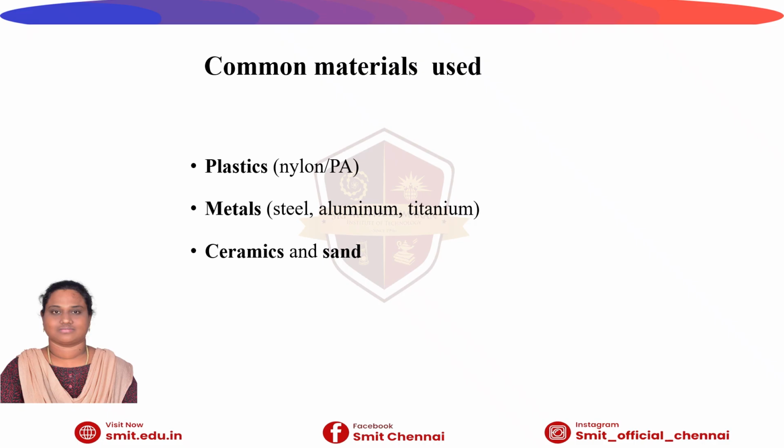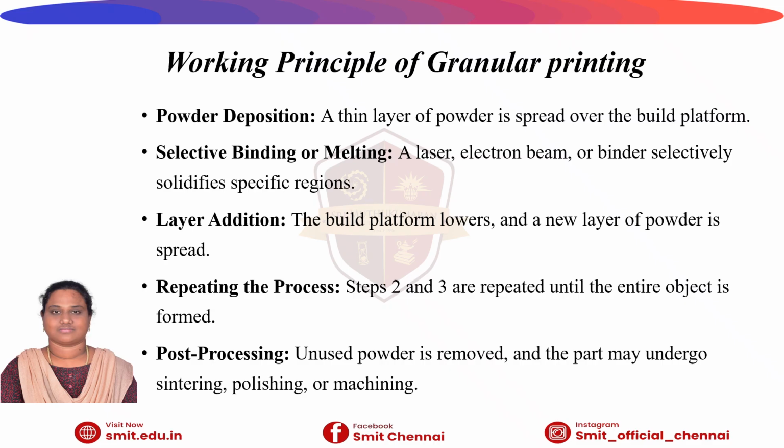In addition, ceramics and sand are used for applications like molds, casting cores, and high temperature components. The ability to print with different materials allows granular 3D printing to produce functional, high performance parts with complex geometries.